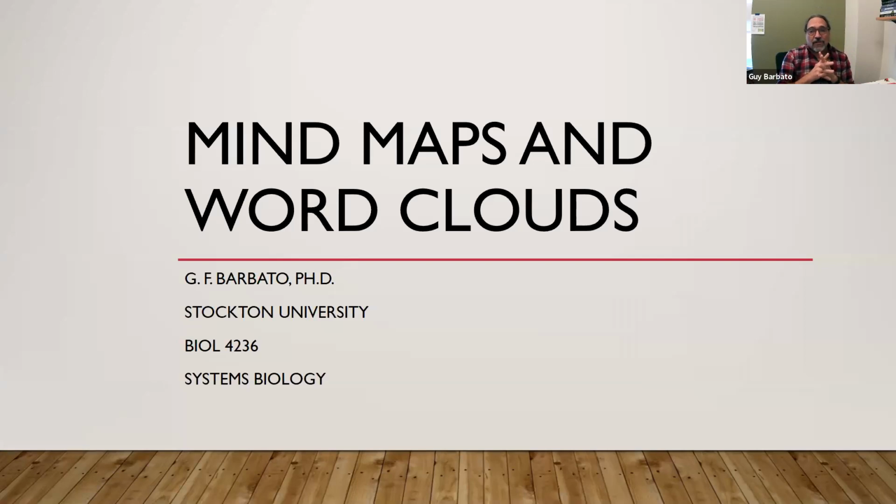I wanted to get started. One of the principles of systems biology is really finding graphical methods of organizing information. And we're going to start rather simply. There are really two parts to this.